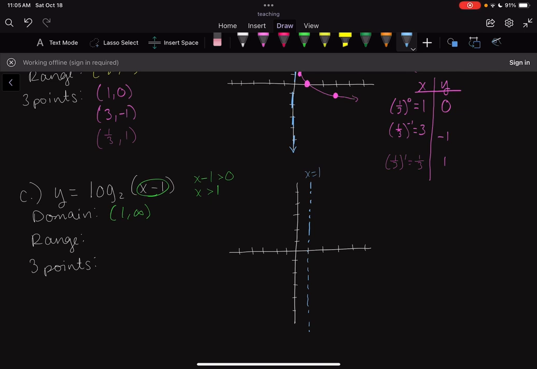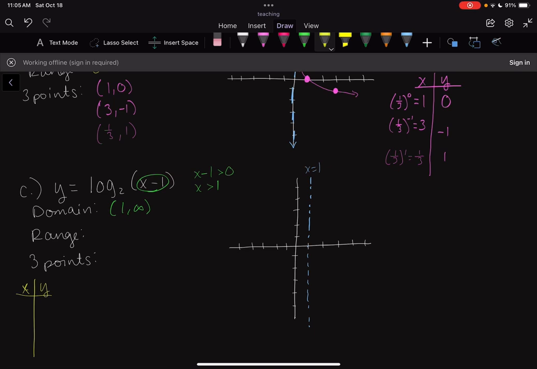So for instance, with this one, if I go ahead and pick x values, 2 would be good, because if I plug in 2, I get log base 2 of 1, which is 0. So that's a good point. I could plug in 3. That would give me log base 2 of 2, which equals 1.